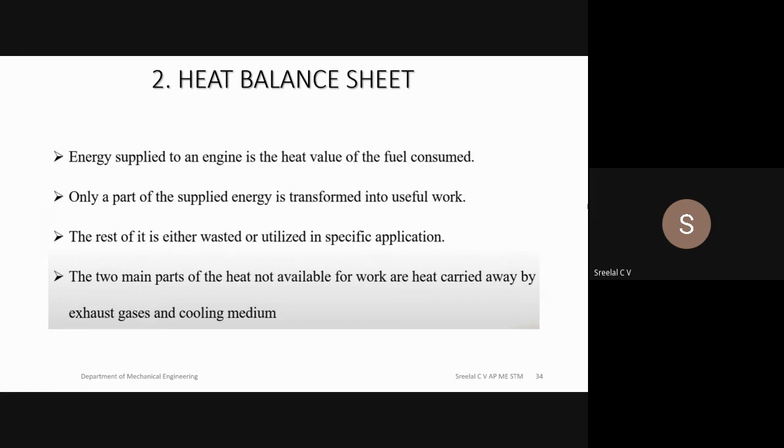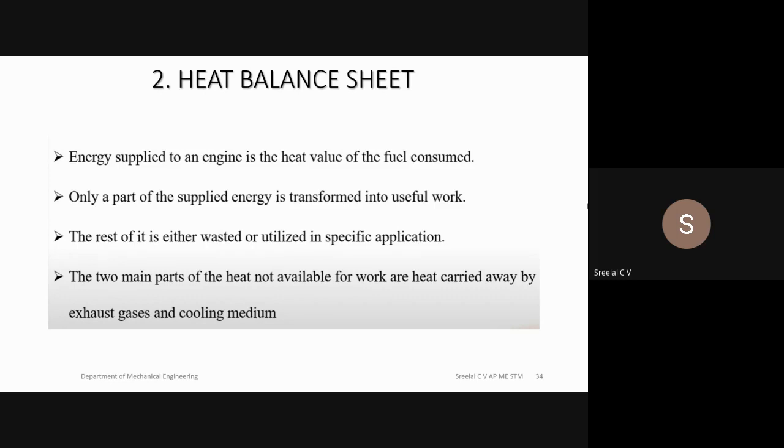For a particular firm there will be many expenditures. For example, if you are starting a stationery shop, there will be expenditure in the form of electricity and transportation, and for buying the goods, first of all we have to put in the capital.